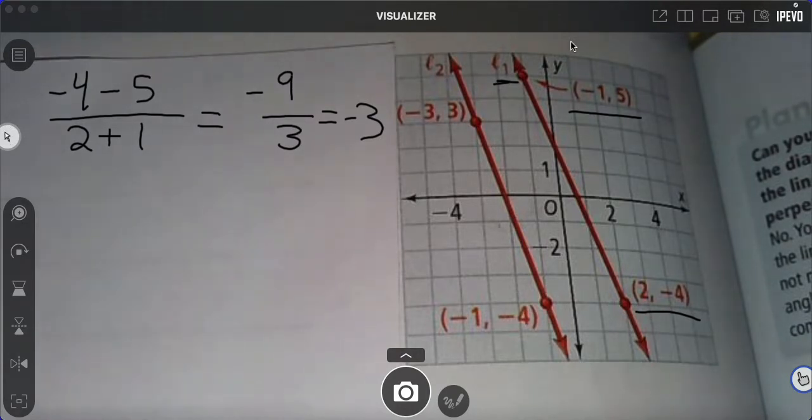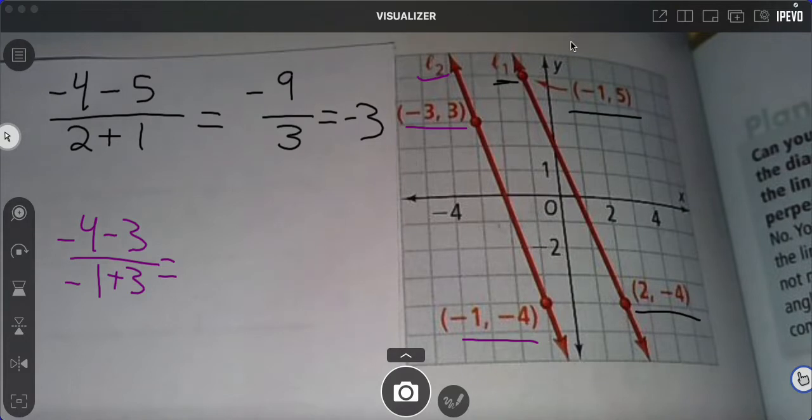Now, I'll do this one in another color. What's the slope of line 2? It uses those ordered pairs. So somebody start with one of the y values. Okay, so negative 4 minus 3. And then let's start with our x values. Negative 1 minus negative 3. So there we go.